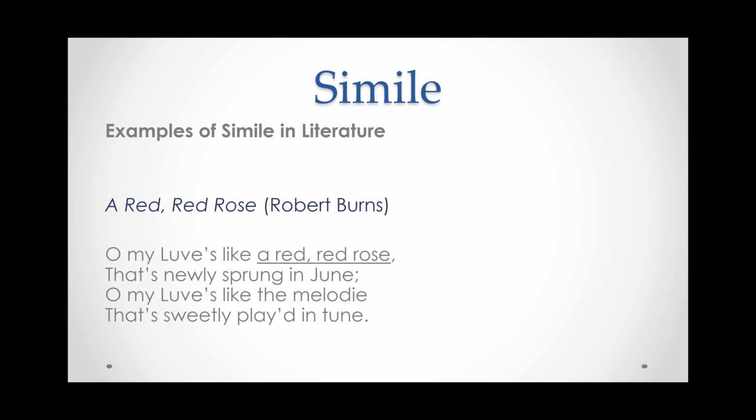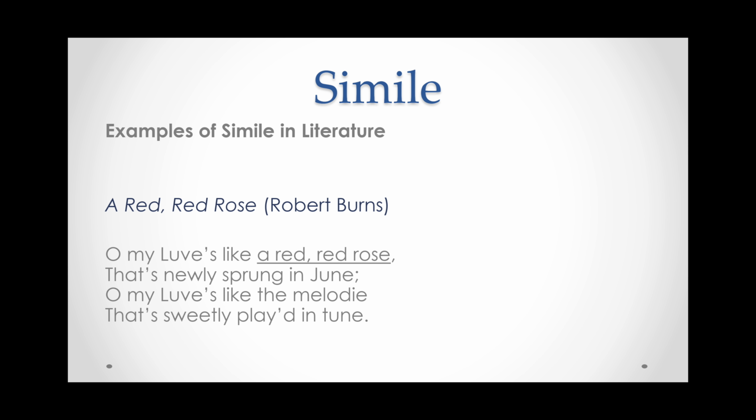In this stanza, the poet compares the person he loves first to a rose and then to a melody. In poetry, the concept of love is often compared to flowers and melodies, and Robert Burns has done this in order to convey his impression of love, his feeling of love.